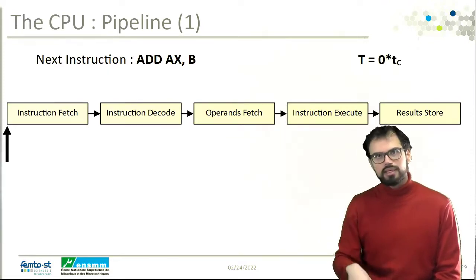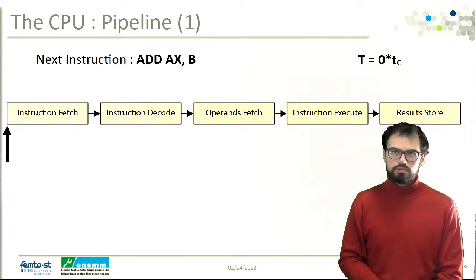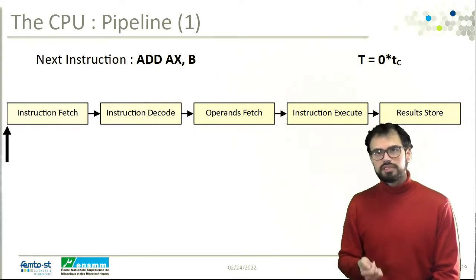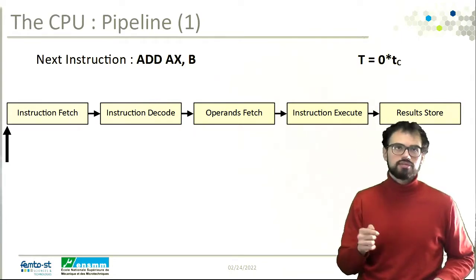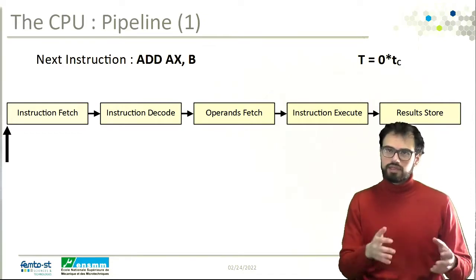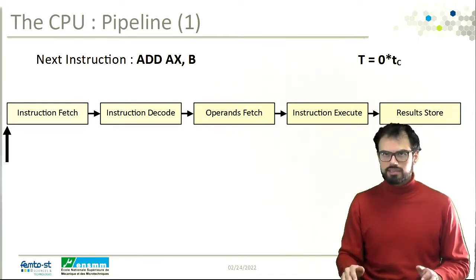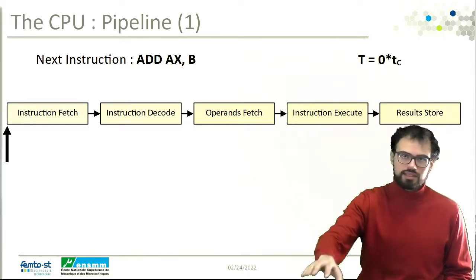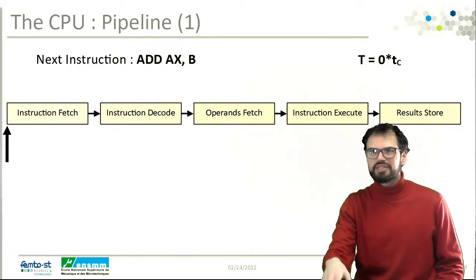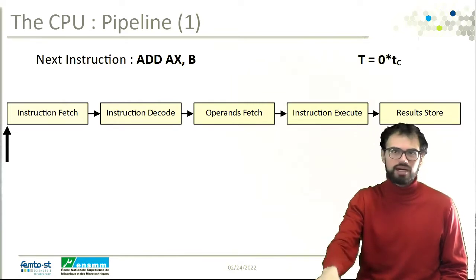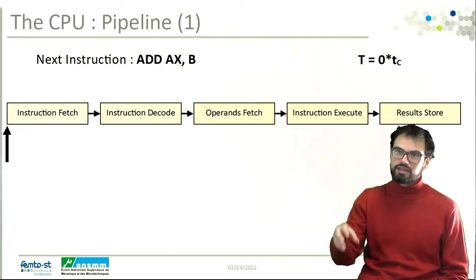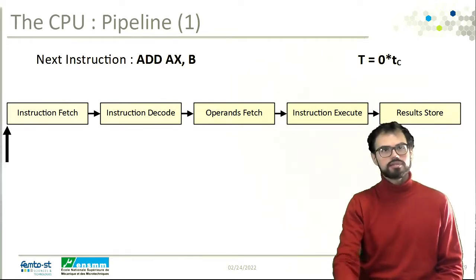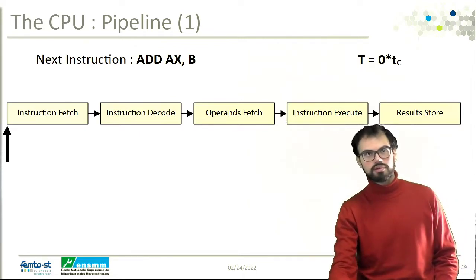Let's see again what happens when you execute one instruction. For instance, we have an instruction that adds one number to another. Very easy. Initially we have the data ready to be processed, in the bus or better, in one register, so we can access it in just one clock.